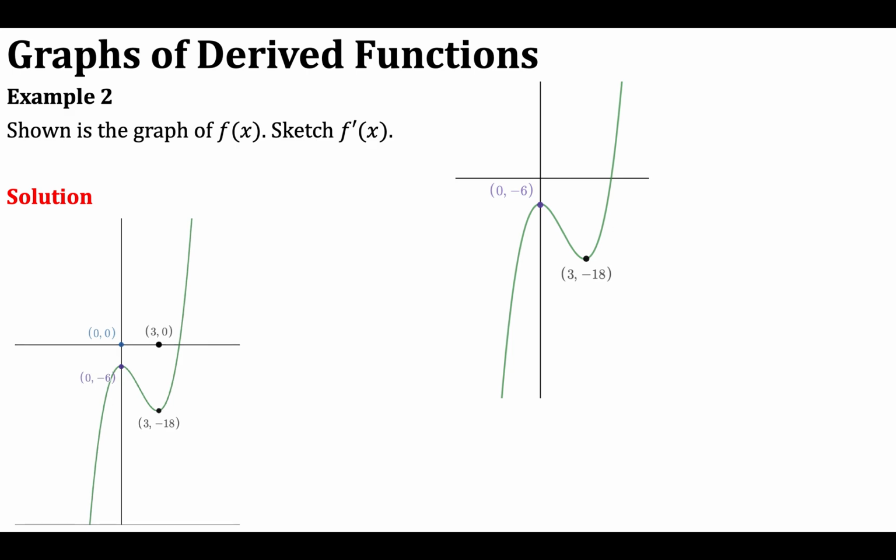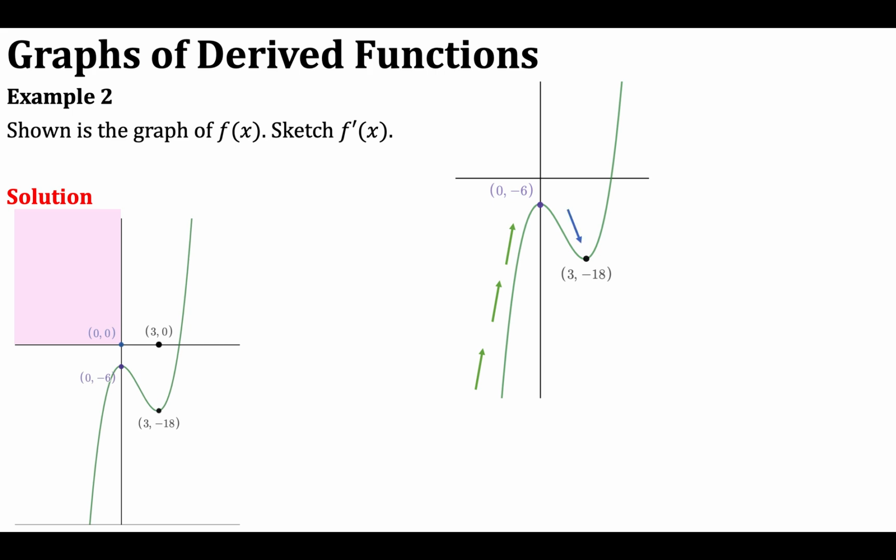So we put those down and we label them, and then we're going to examine the behaviour on the original graph f(x) up to the turning points, between the turning points and after the turning points. So up to the first turning point we can see the graph is increasing, has a positive gradient, and therefore on the graph of the derivative we will see something happening above the x-axis.